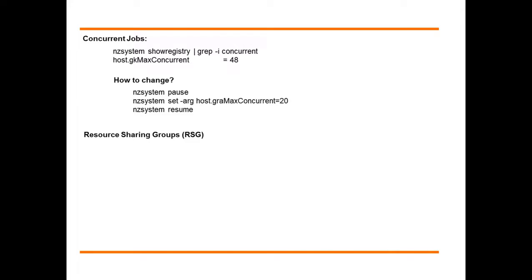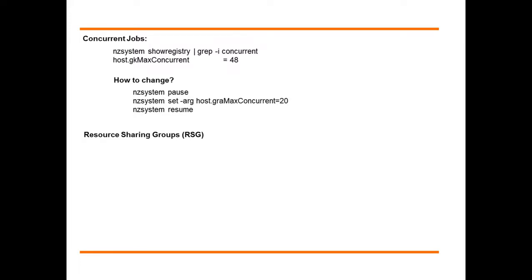The answer is 48. You can submit a million jobs at the same time, but only 48 can be active at any time. I repeat, you can submit a million jobs, but only 48 would be sharing those available system resources.